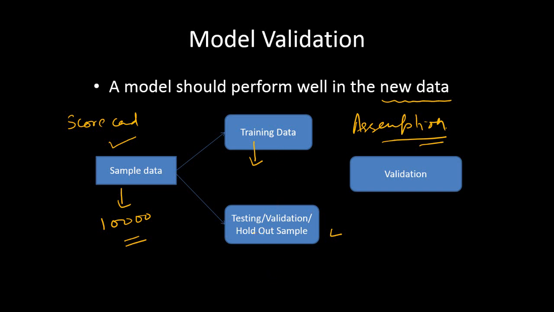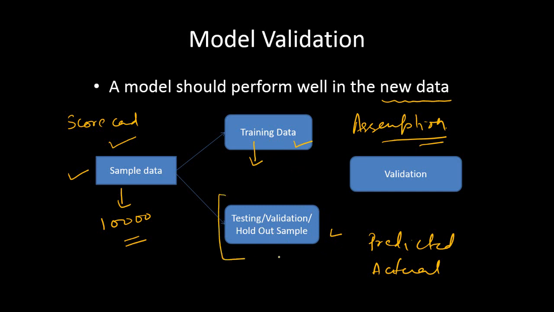Now, since this testing data is also part of the sample data, the actual historical data, we already have the target variable. So we have the predicted target variable and the actual target variable, and we can compare and see whether the model that we have built using the training data set can actually perform well in a new data set.